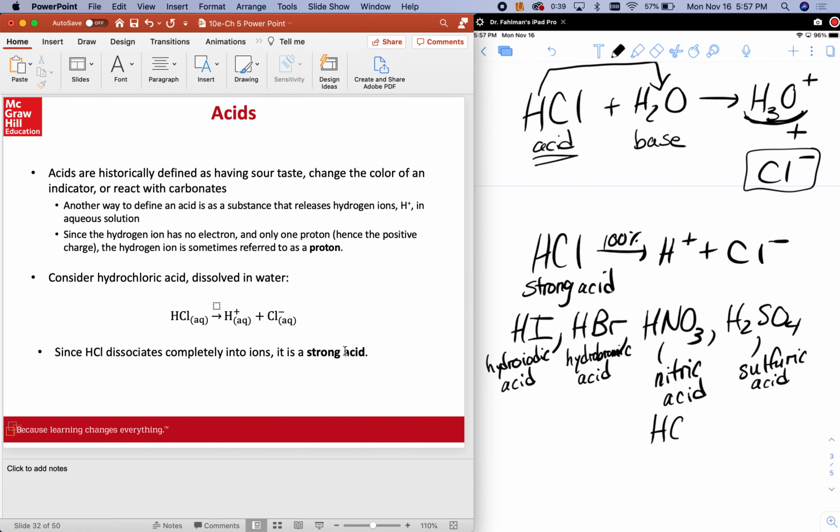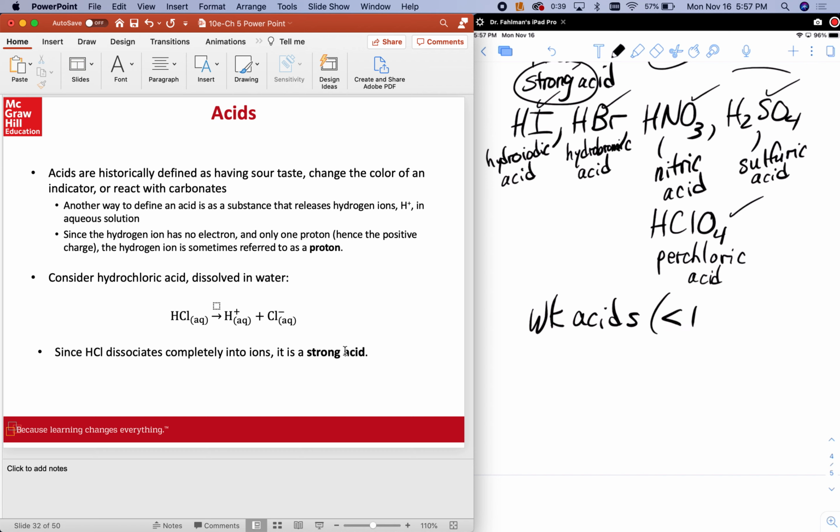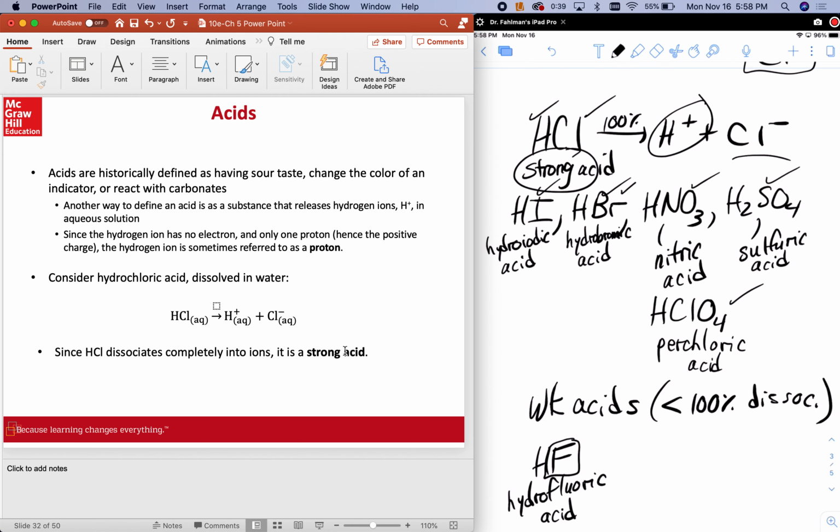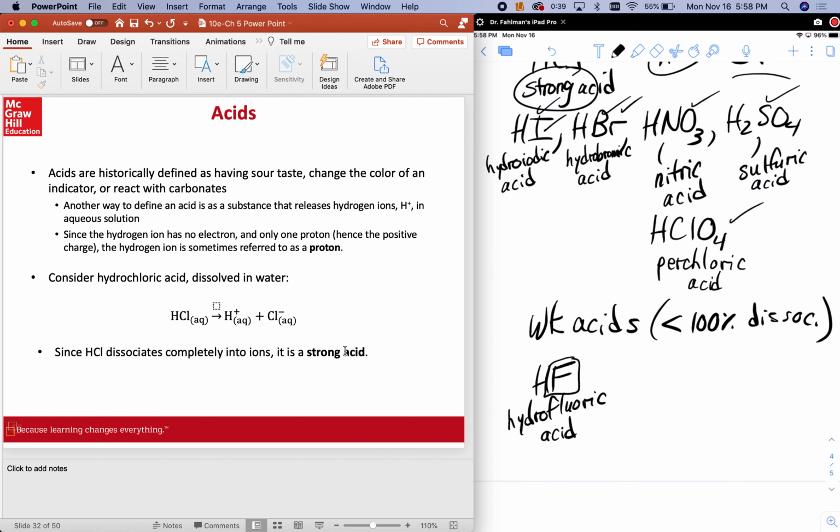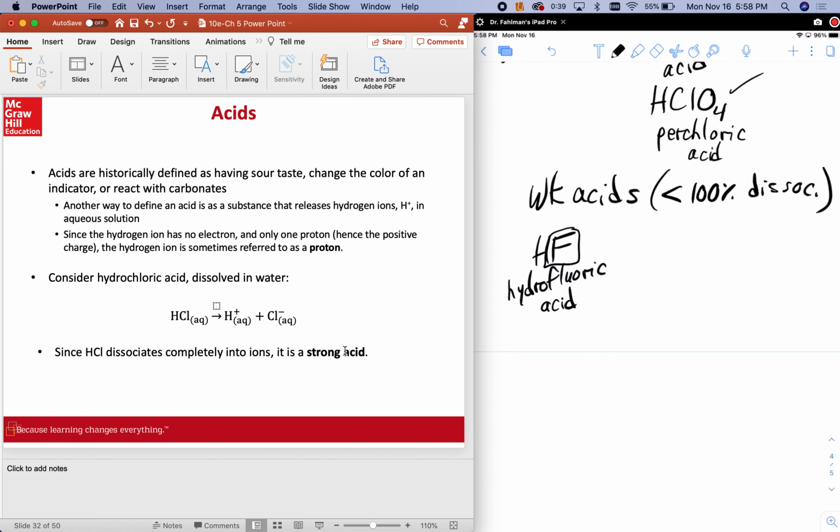There are other weak acids, which are less than 100% dissociated. For instance, HF, hydrofluoric acid, is one. And it's kind of interesting because if you look at the group 17s, all the other ones like HCl, HBr, and HI are strong, but HF is weak. And it has to do with the bond strength.